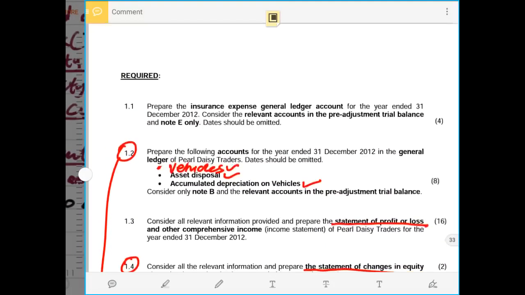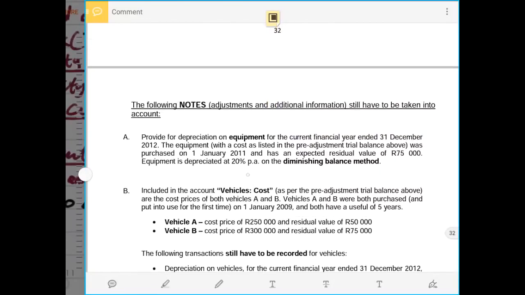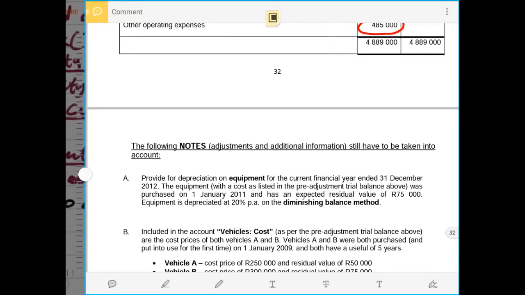So now I can shoot straight to the additional information and record everything as it occurs. Under A, it says provide for the depreciation on equipment for the current financial year that ends 31st December 2012. That means depreciation for equipment for the current financial year was not yet recorded.